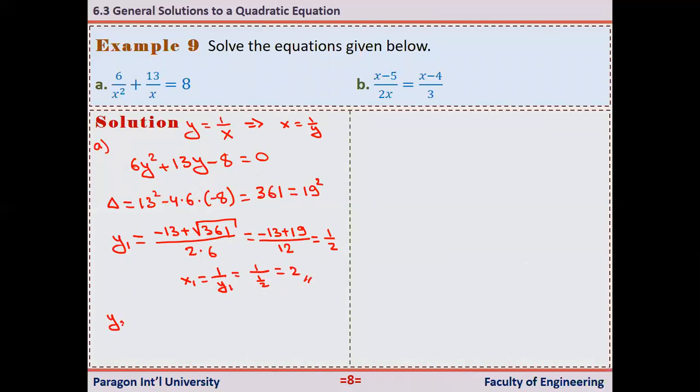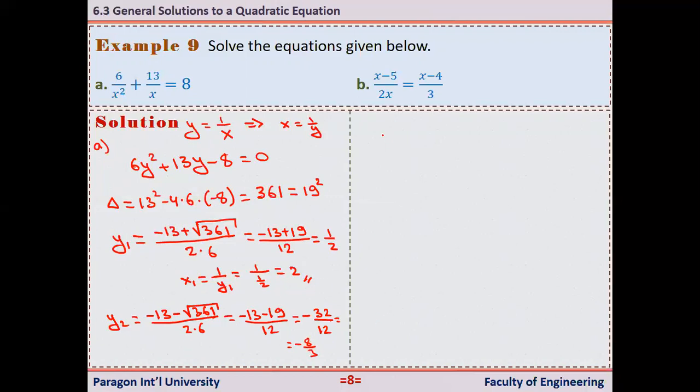And the second solution, y2 equals negative 13 minus the square root of 361 over 2 times 6, which is equal to negative 13 minus 19 over 12. And that's equal to negative 13 minus 19, that's equal to 32. So minus 32 over 12. Or if you just simplify, you can divide both by 4, minus 8 over 3.